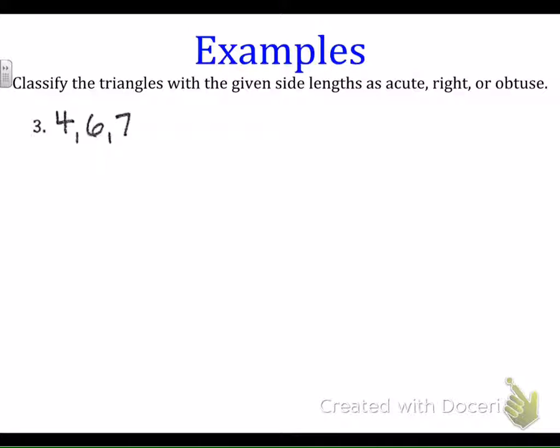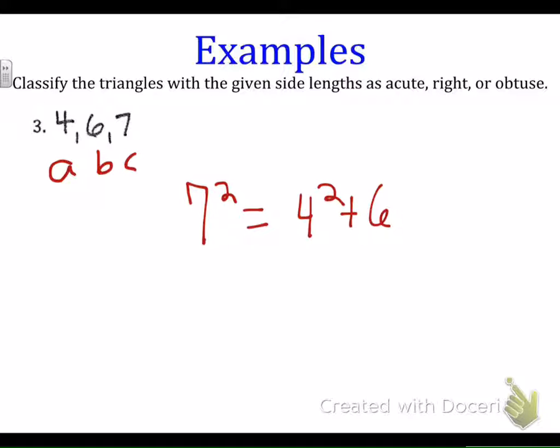Alright, so on here, I'm going to classify it a, b, and c. So 4 is our a, 6 is our b, 7 is our c. Alright, so let's set this one up. 7 squared compared to 4 squared plus 6 squared.